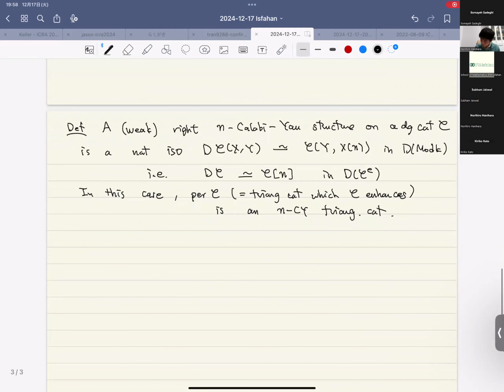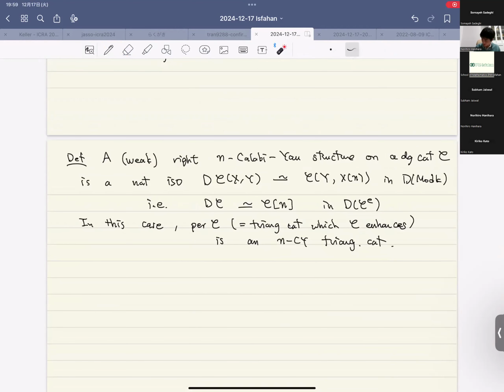So as I said, it is an isomorphism of bimodules over C. So it lives in the space Hom from C to C[n] dual in the derived category of bimodules.